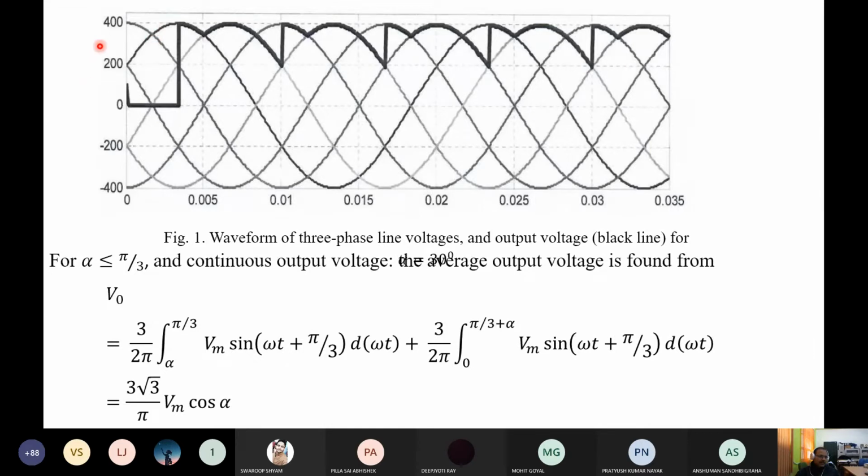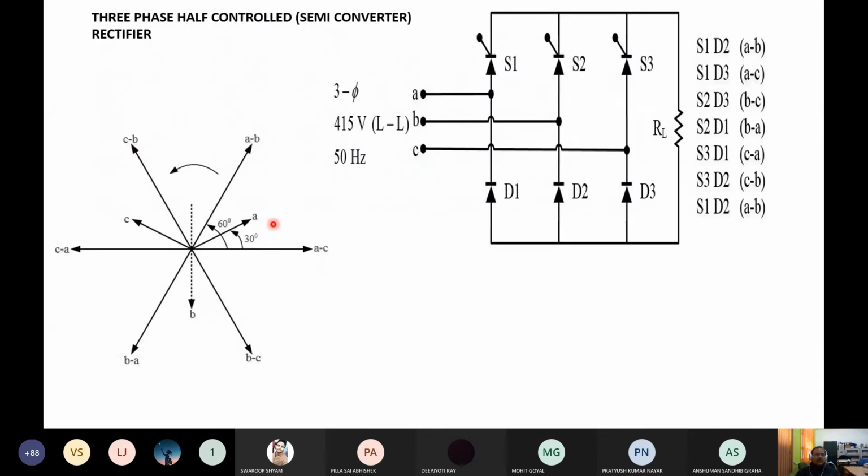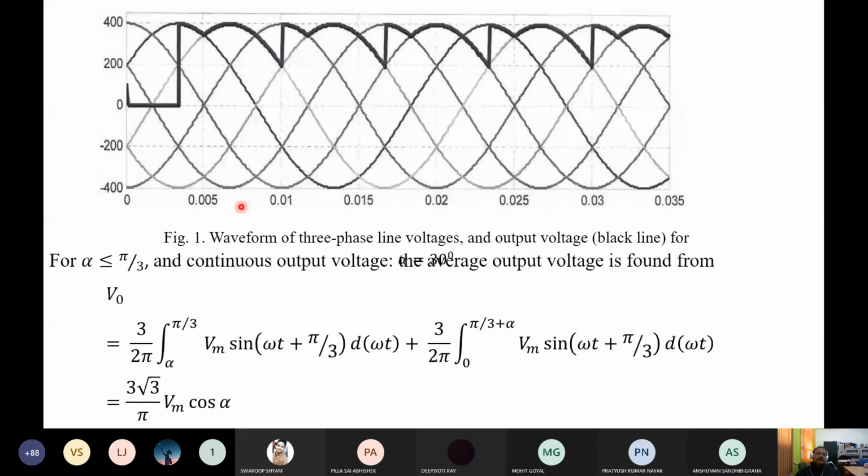Because the line voltage leads the phase voltage by 30 degrees, 30 degrees and 30 degrees make 60 degrees. So alpha to 60 degrees is one type of waveform, and 0 to 60 degrees plus alpha is another type of waveform.